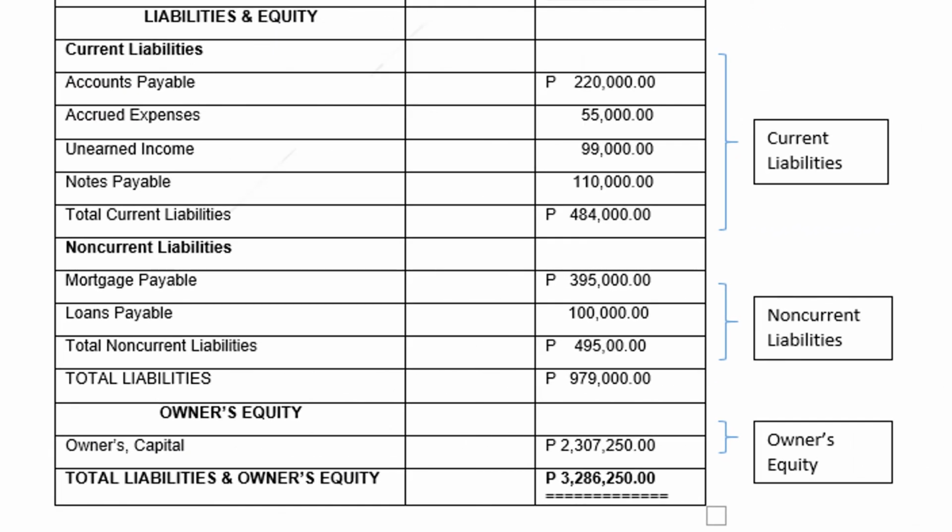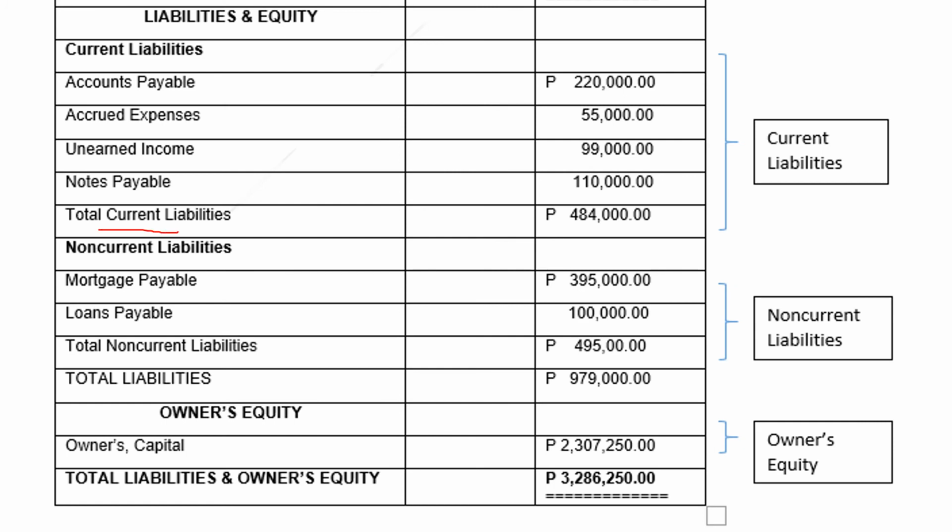Here, as we can see, liabilities and equity. The current liabilities here are arranged according to their liquidity. Accounts payable, accrued expenses, unearned income, notes payable, total current liabilities.